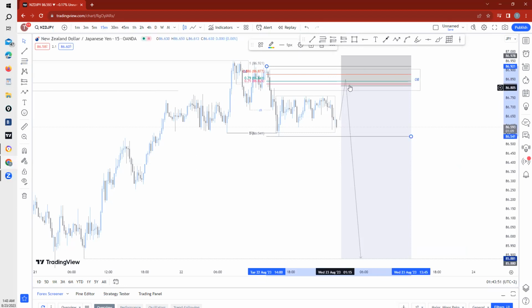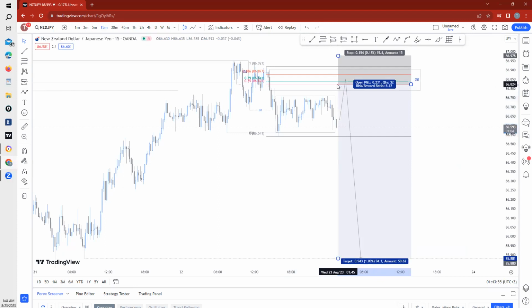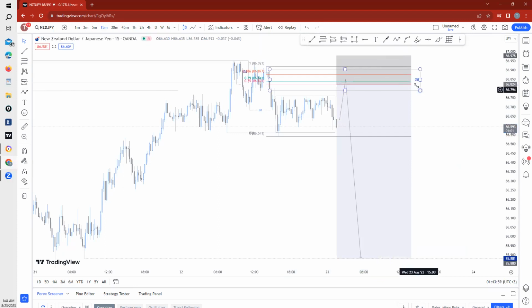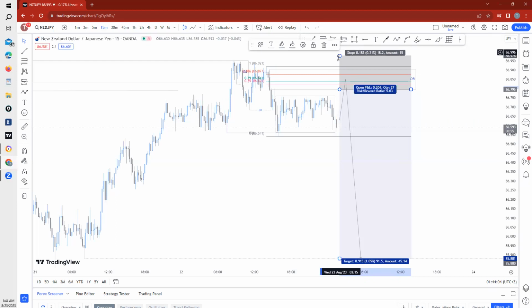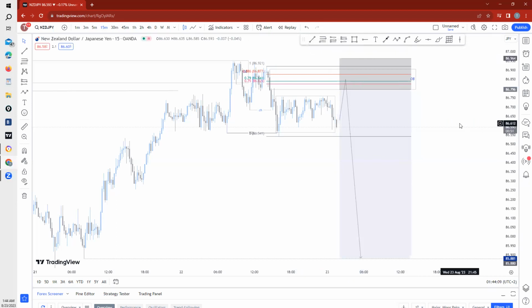This is a good zone for entries. See, maybe a good zone for entries. I'll take this whole 1:5. That's good.